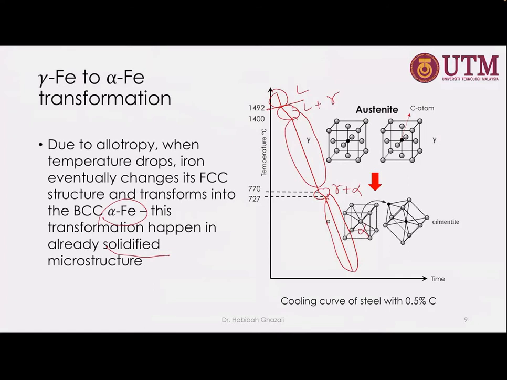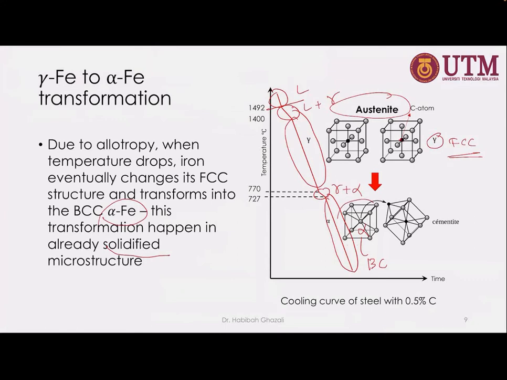So it changed its microstructure from FCC to BCC due to allotropy. If there is carbon between the iron atoms in the austenite, it forms FCC, with carbon at the center.